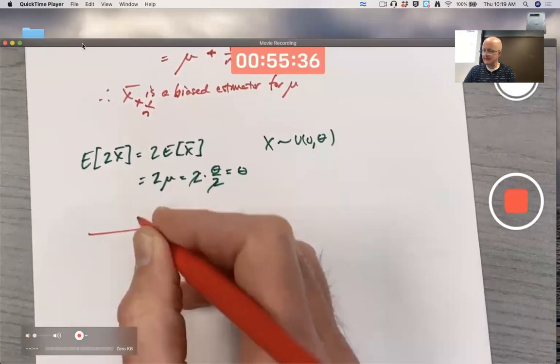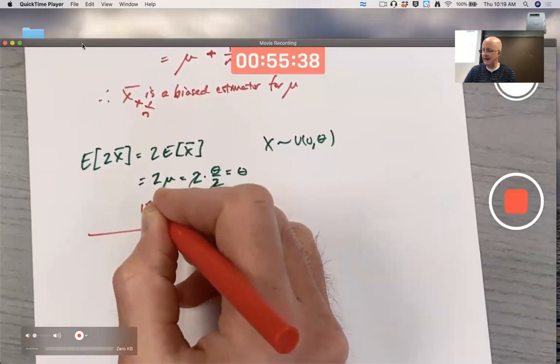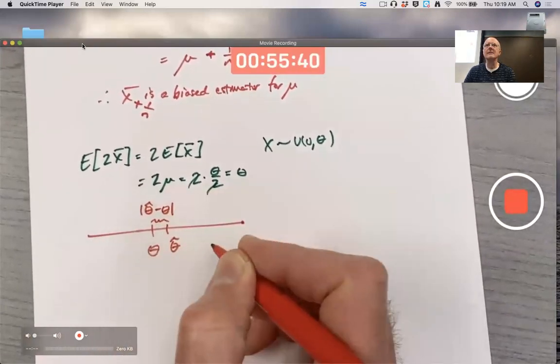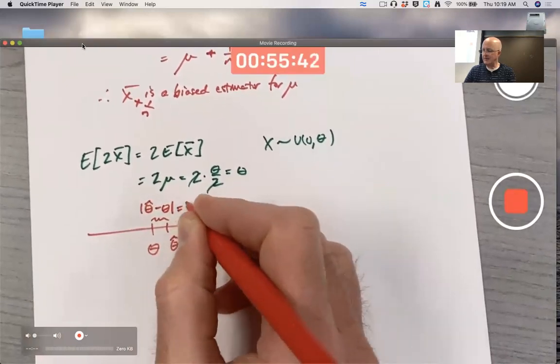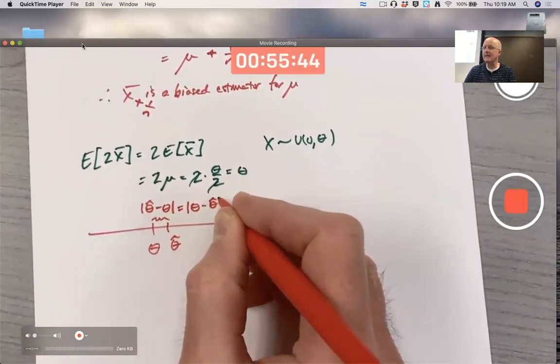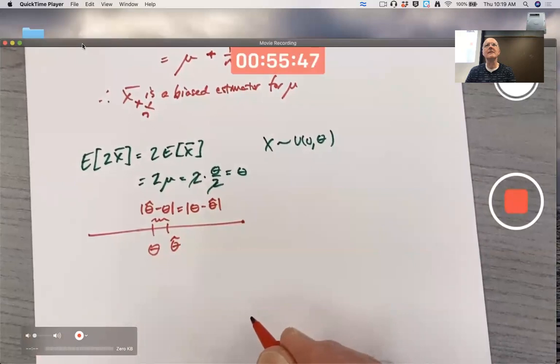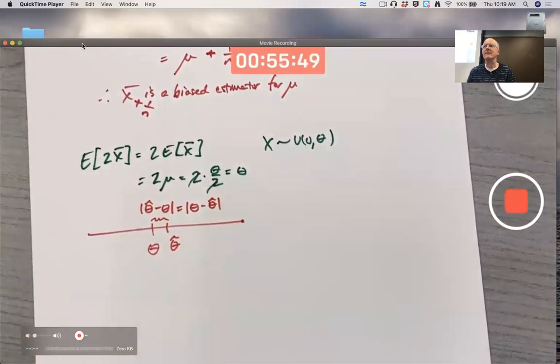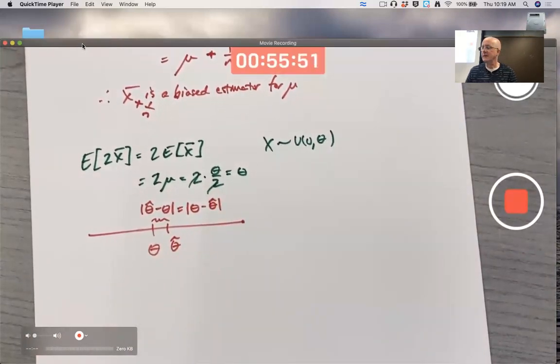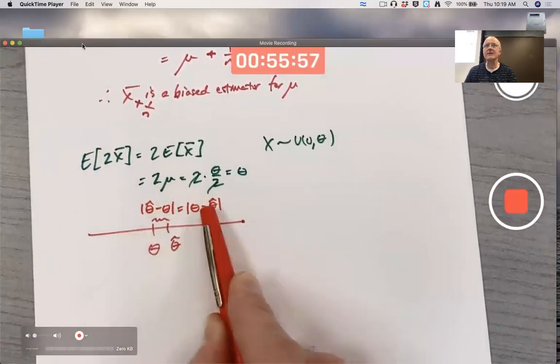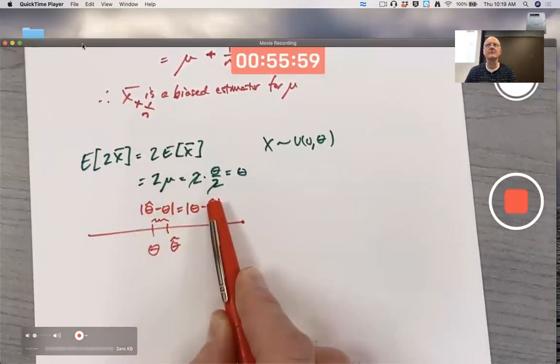That distance is the same as the absolute value of theta hat minus theta, which, because of the absolute value signs, could also be written like that. The absolute value of the distance between two real quantities is the absolute value of the difference, and inside the absolute value signs, you can write it either direction.